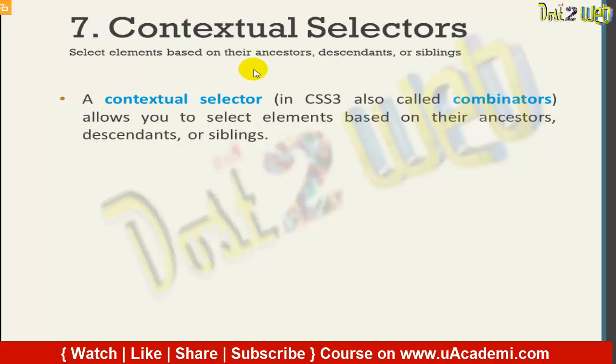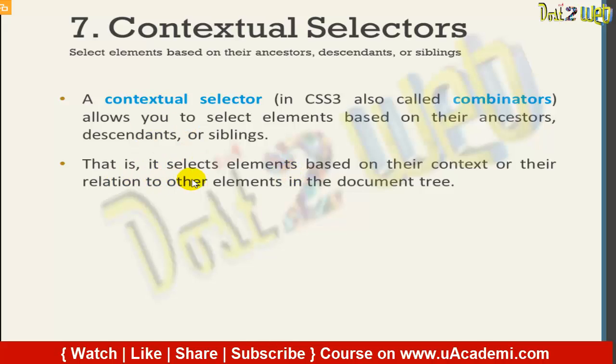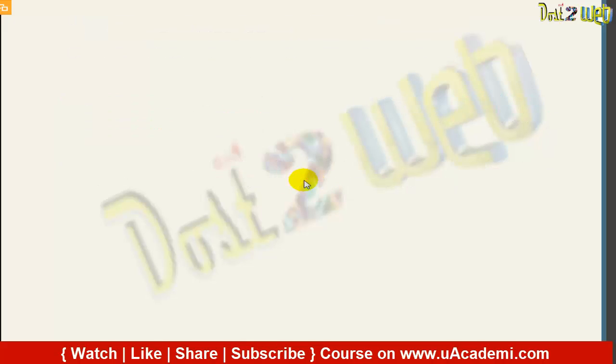That will allow you to select the element based on the ancestor, descendant, or sibling. That is, it selects elements based on their context, and it relates to the document tree.